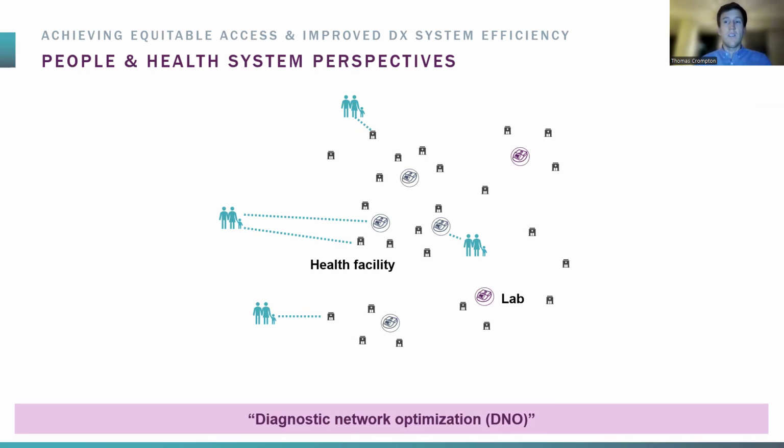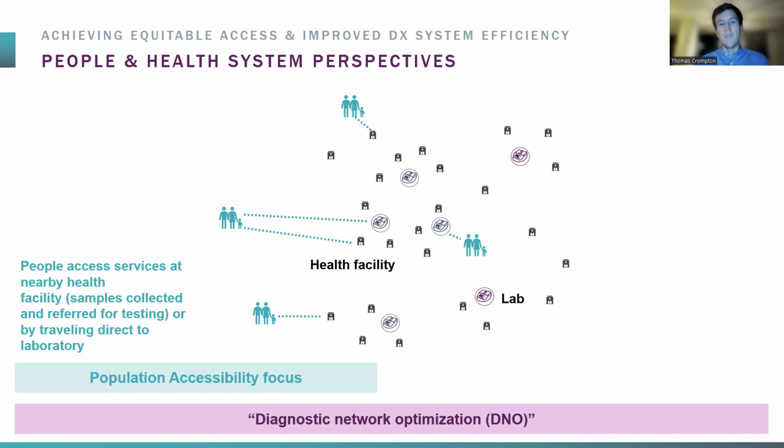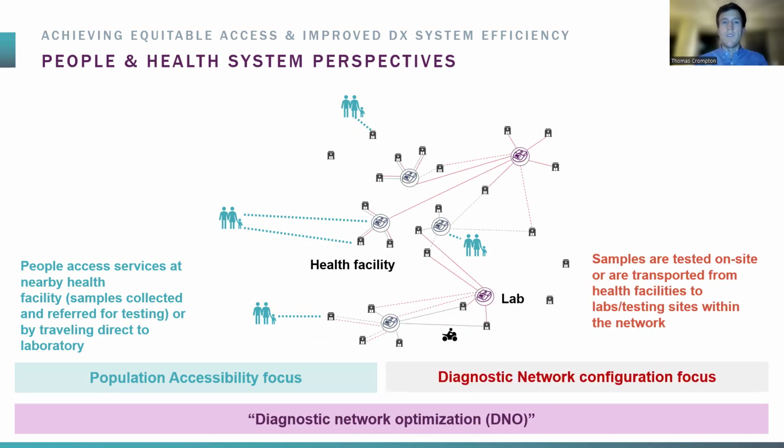Patients can access straight to a laboratory or to a health facility. And so this is the accessibility component we think about. And then there's also the referrals, so referrals from health facilities to laboratories or on-site testing, and how that whole diagnostic network works, which is where the diagnostic network component comes in. And those two together make up diagnostic network optimization.